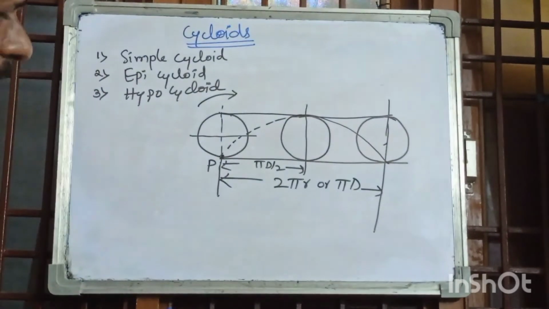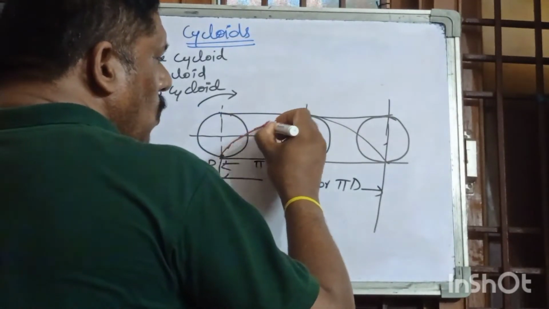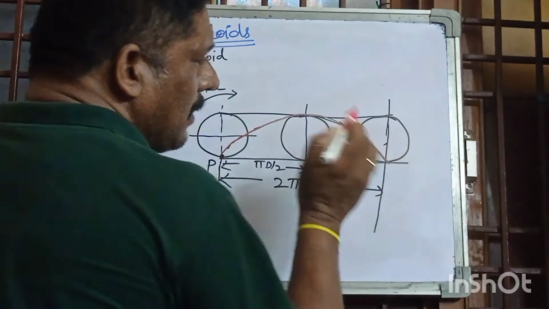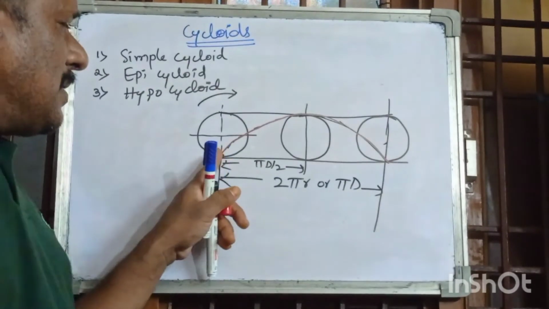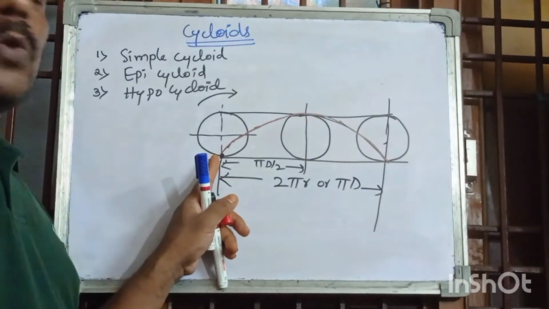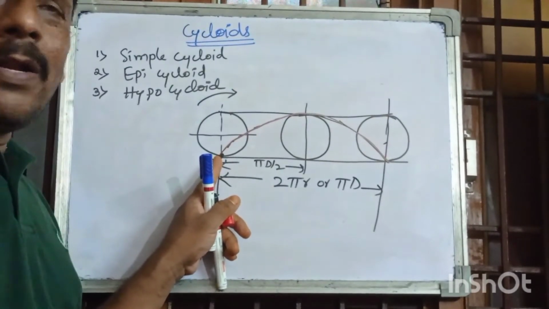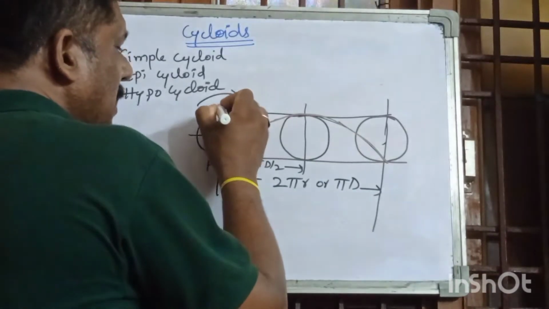Easily we can say that from the starting point the curve goes like that and ends like that. In examination, sometimes they ask that the generating point be taken on the rolling circle at the bottommost point or the topmost point.